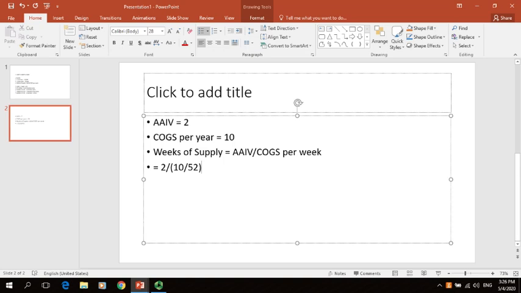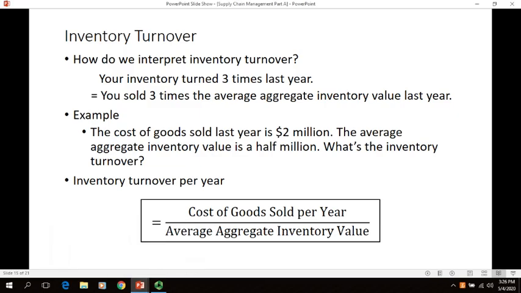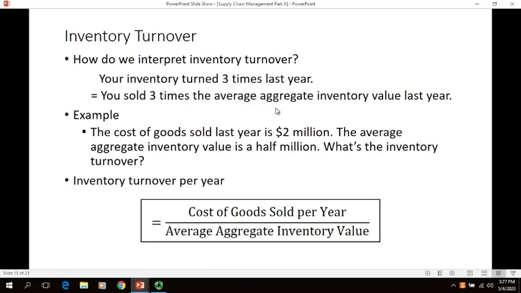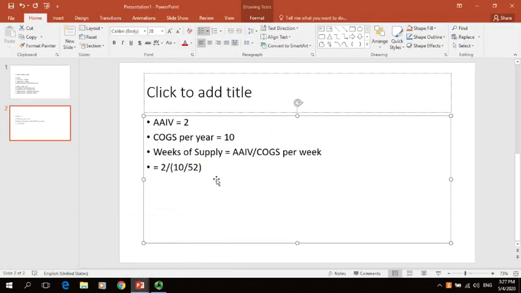Now let's go to the second question. What was the inventory turnover? Let's go to the formula for the inventory turnover. It's the cost of goods sold per year divided by AAIV.